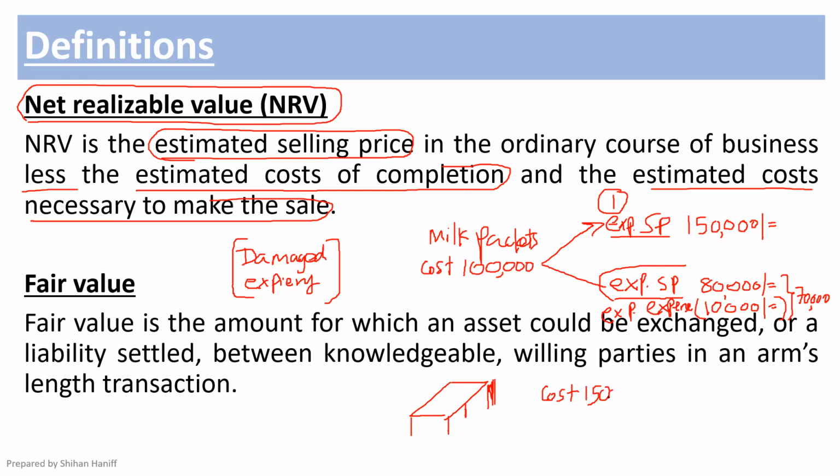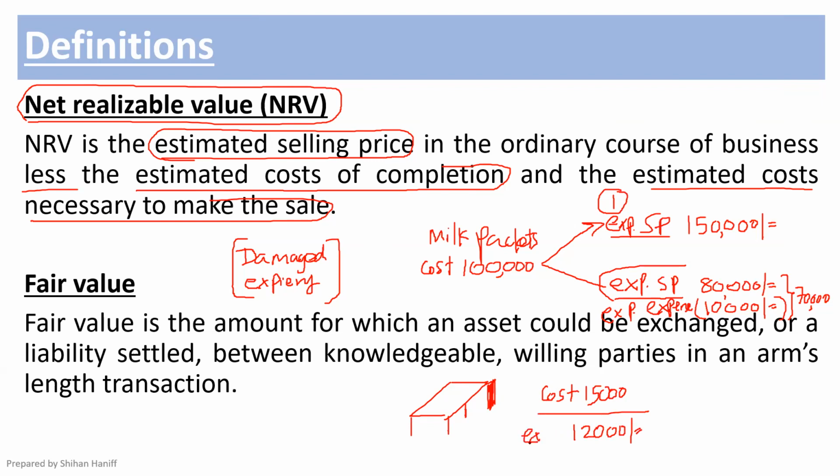That's the cost. But due to damage, one leg is damaged, you are planning to sell this at 12,000, less than the cost, because you have to sell it somehow.